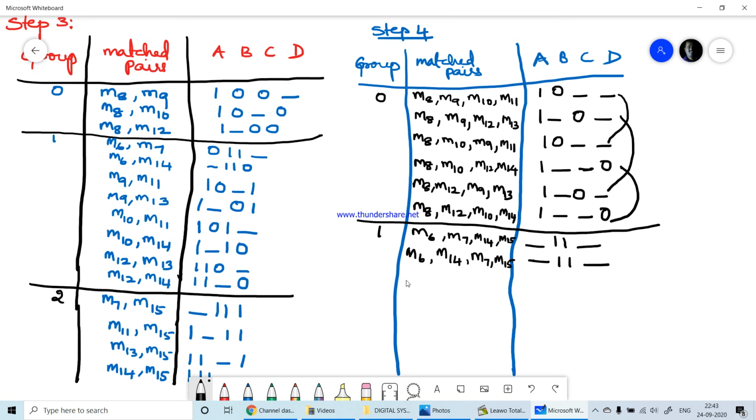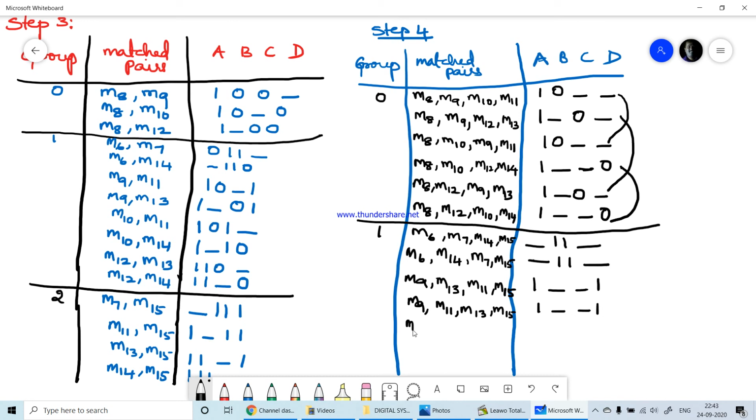Then you will have M9, then M13, M11 and M15. So here you will have 1 dash dash 1. Then you have M9, then M11, M13, M15. So this will also get 1 dash dash 1.